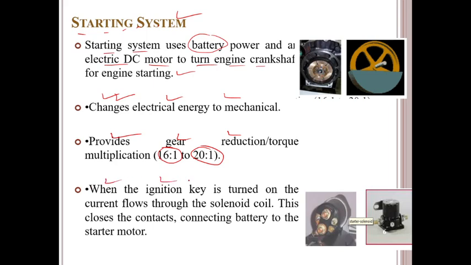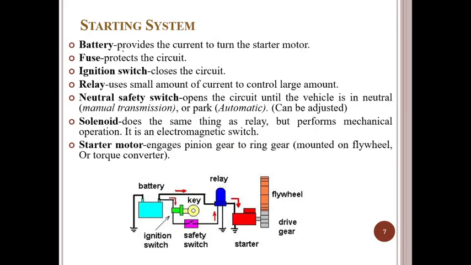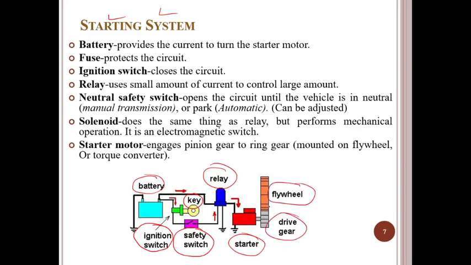When the ignition key is turned on, current flows through the solenoid coil, and this closes the contacts connecting the battery to the starter motor. Because of this current passing through the solenoid, the whole circuit is started. The components required in the starting system are the battery, fuse, ignition switch, key, relay, safety switch, starter, flywheel and drive gears.